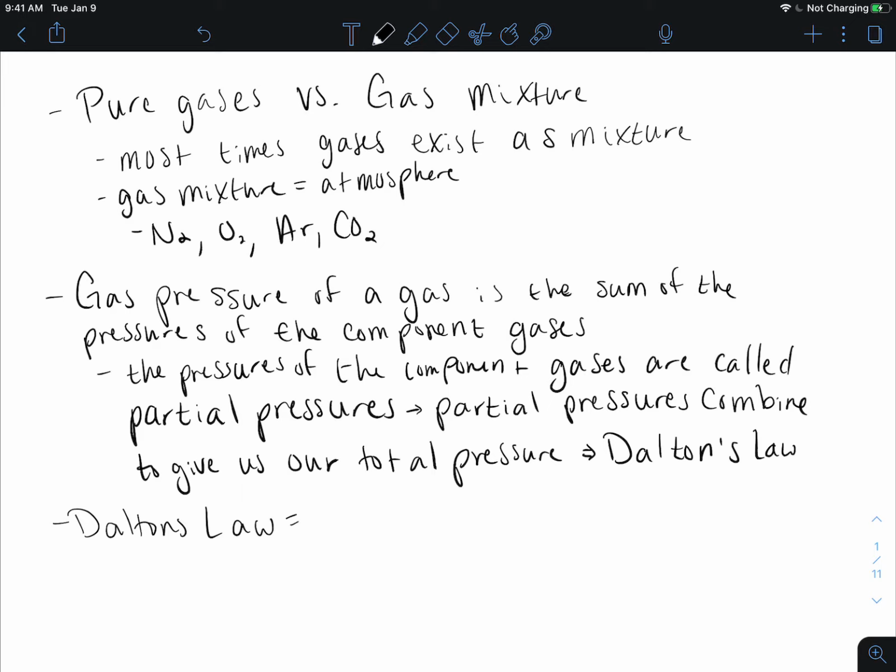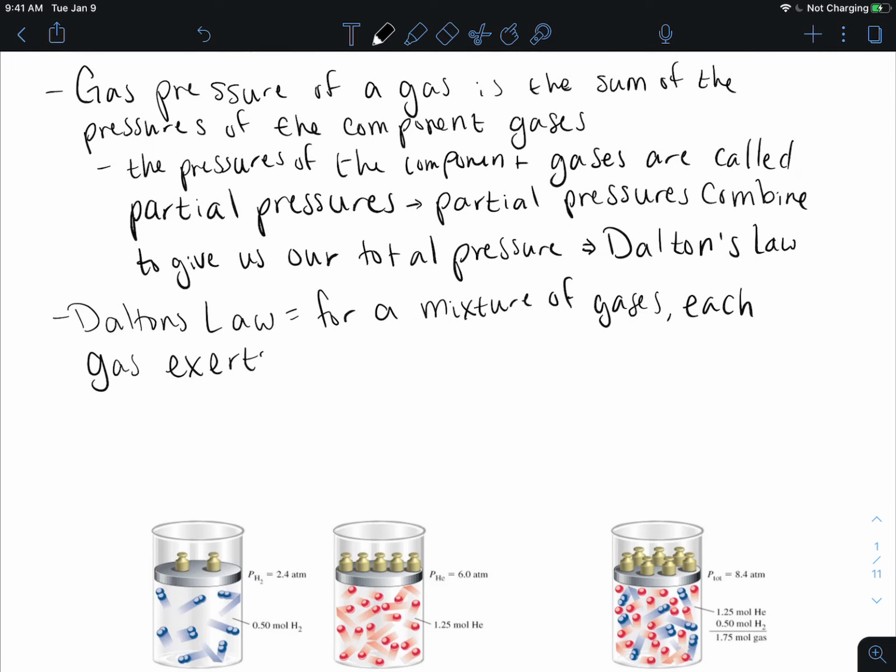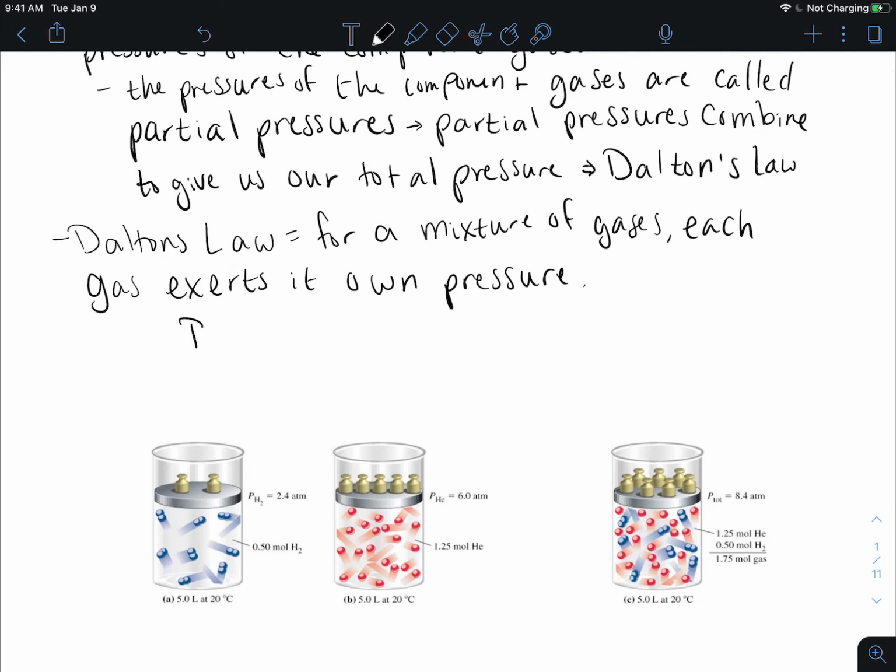So we said that P total is equal to P1 plus P2 plus P3 and so on and so forth, however many component gases you have. And this total is a sum of all of those gases.